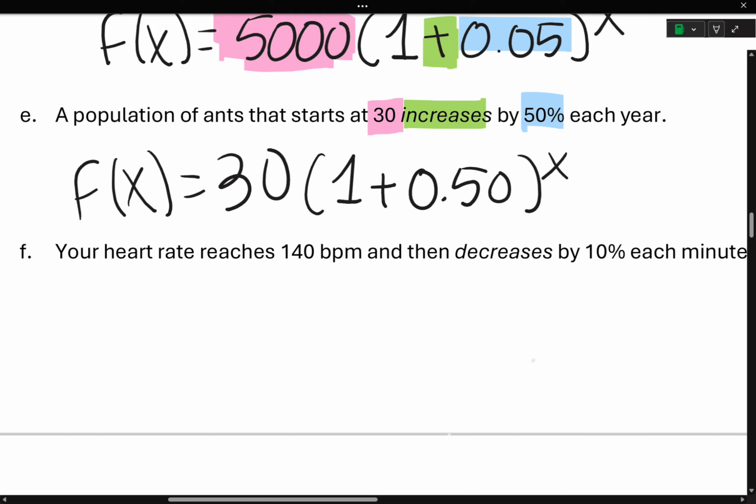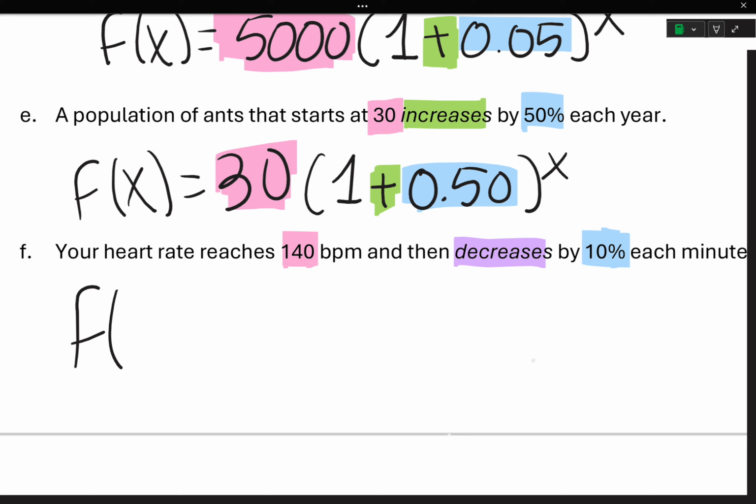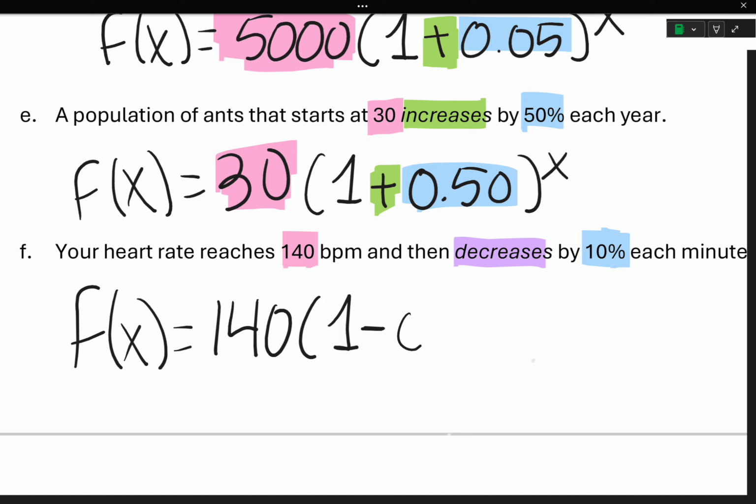All right, last one. We have a starting heart rate of 140 beats per minute, which decreases by 10% each minute. F of x equals 140 times 1 minus 0.10.